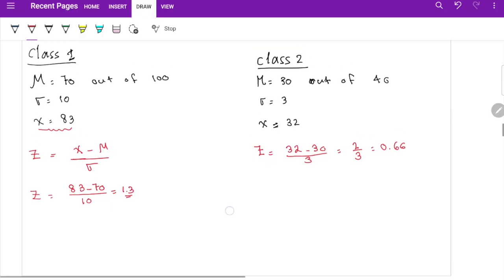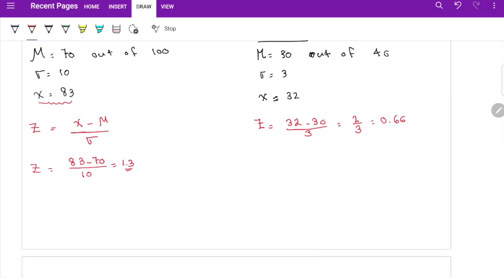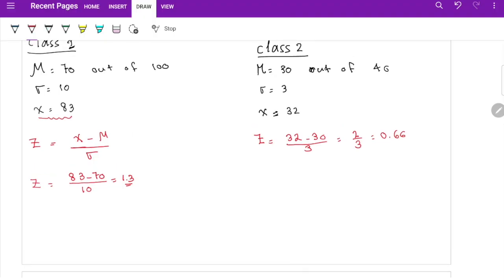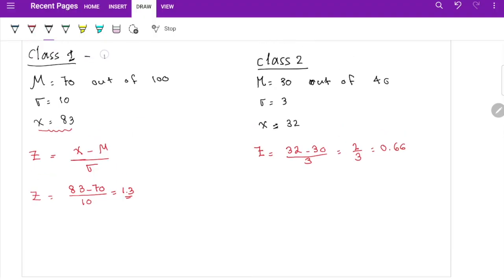But we are going to do something else now, because we know that if your teacher said the grades are normally distributed for both classes, or bell curved for both classes, okay. So what can you say about the curve?